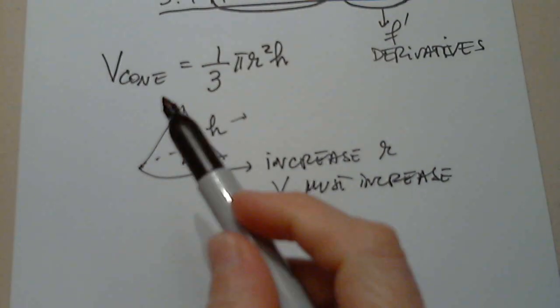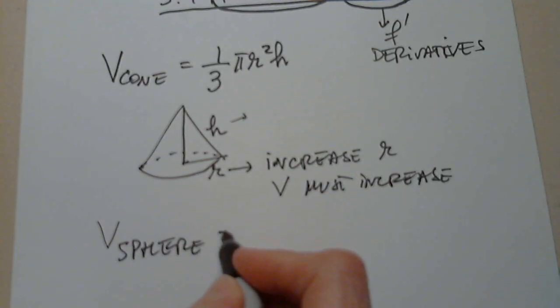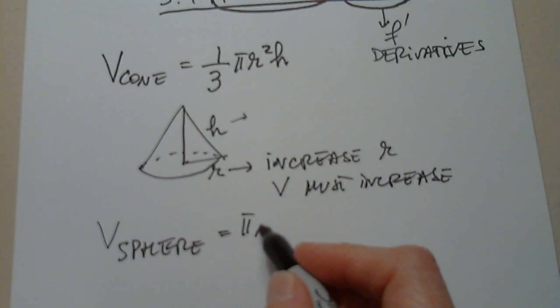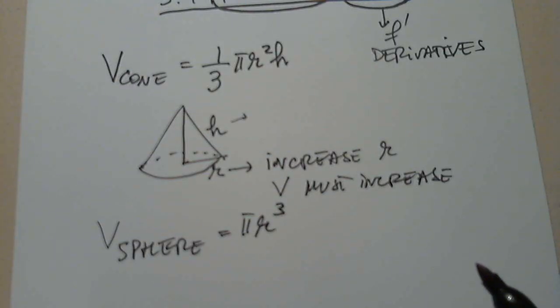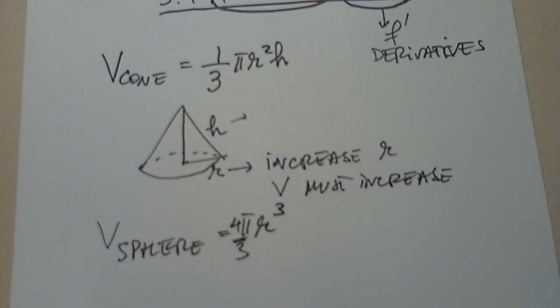Another example, we're going to come back to it. So the sphere. The volume of a sphere is 4/3 pi r to the third power.